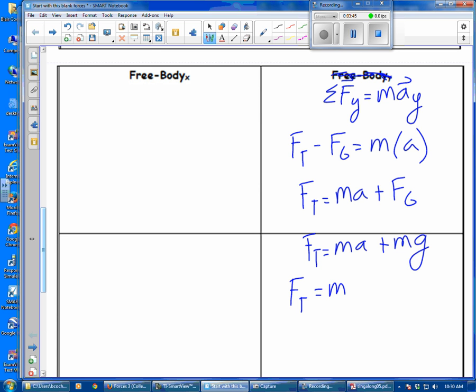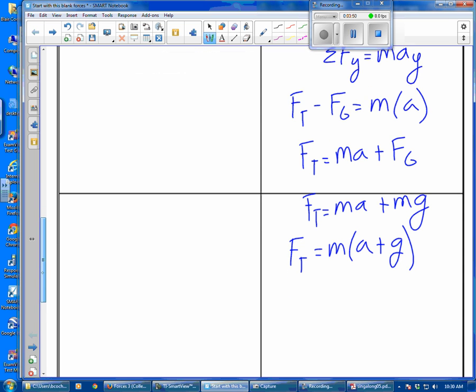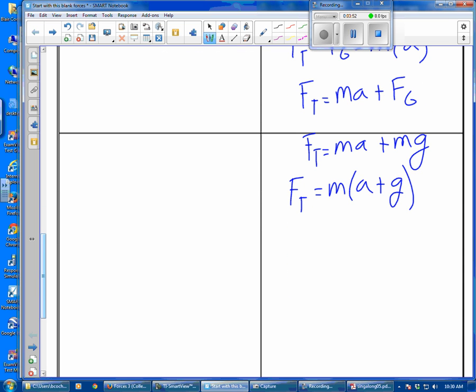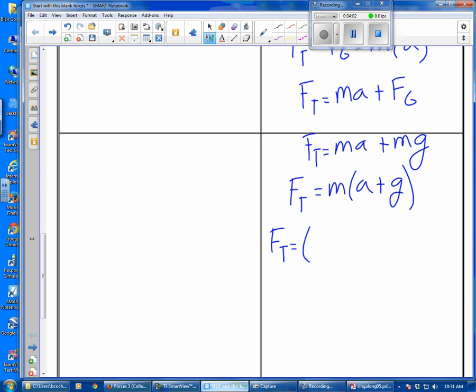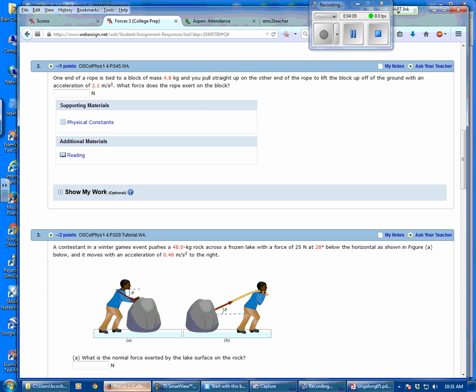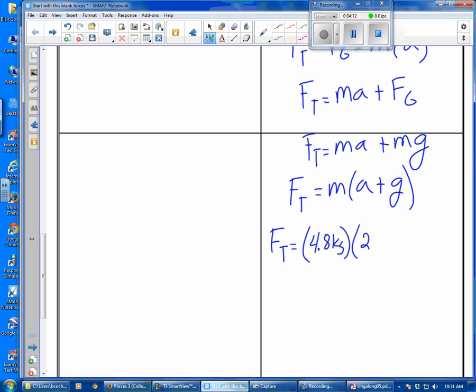Right, I could rearrange it to make it simpler for myself, A plus G, or I could just substitute in at that point or this point, either one. And so I put in my M, which is 4.8. I have 4.8 kilograms times, I think that was 2 something for my acceleration, 2.1 meters per second squared, plus G, which is 9.80 newtons per kilogram. I'm assuming I'm on the planet Earth.